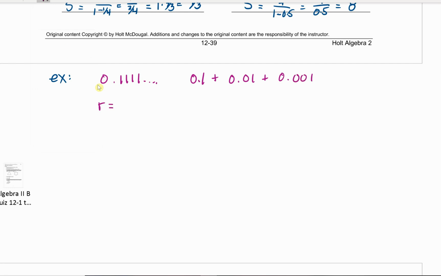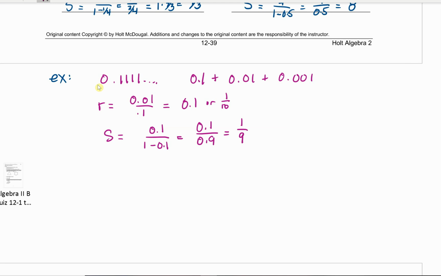So my ratio is 0.01 divided by 0.1, which is 0.1, or 1/10. So the sum here would be 0.1 divided by 1 minus 0.1, or 0.1 divided by 0.9, which becomes 1/9. Pretty cool.